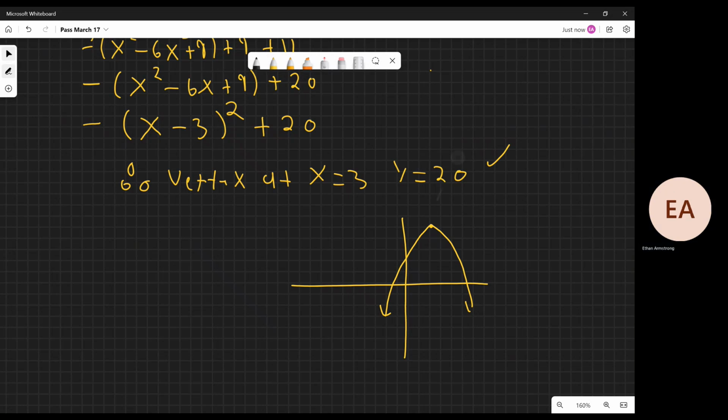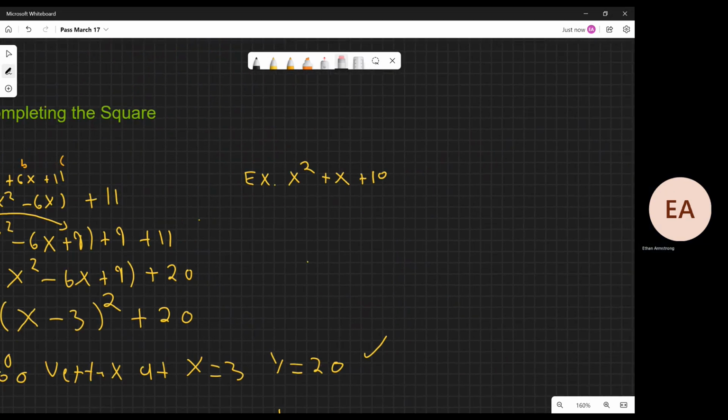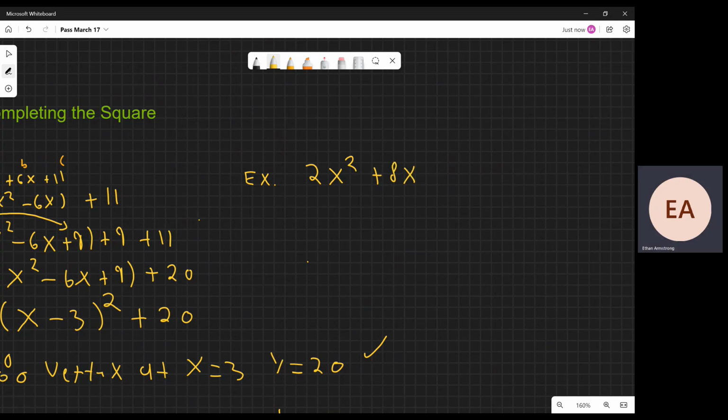All right, let's do another example. Switch this up, we'll do a different one. Say we had 2x squared plus 8x plus 6.